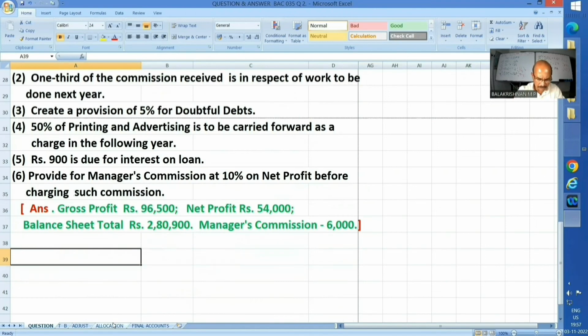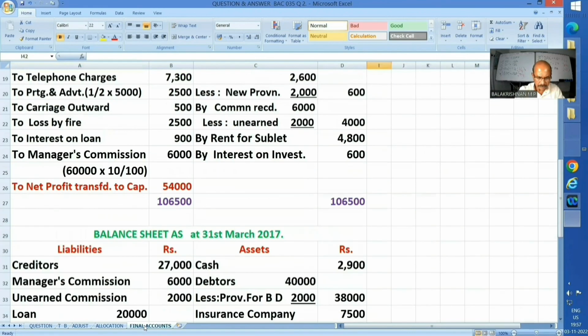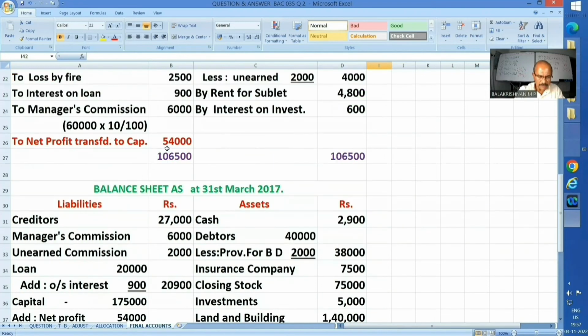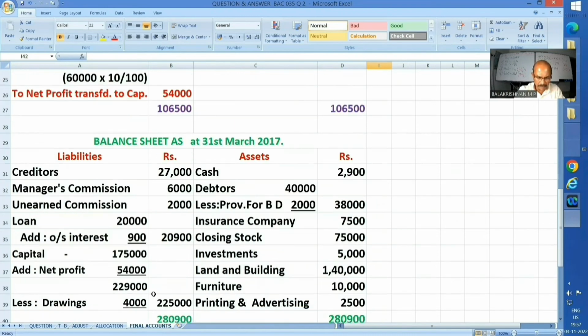Now the balance sheet. Creditors as it is. Manager's commission, we know that, it is payable, is it not? Manager, we have not paid it. We made a provision here practically, so that will come here. Unearned commission already explained, that's a liability. Loan already explained along with the interest outstanding, that is shown here.